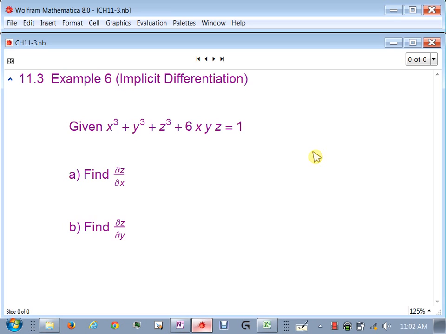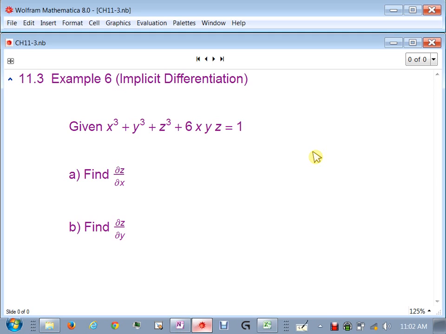Right? We talked about partial derivatives. If you have z as a function of x and y, or if we say f of x, y, a function of two variables, then we can compute this derivative by holding one of the variables constant, correct?